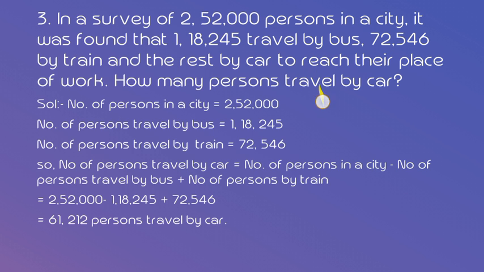So you will get how many persons travel by car, because total is given. Like I am telling, total you have 10 toffees. You gave 4 toffees to one friend, another friend you gave 3 toffees.